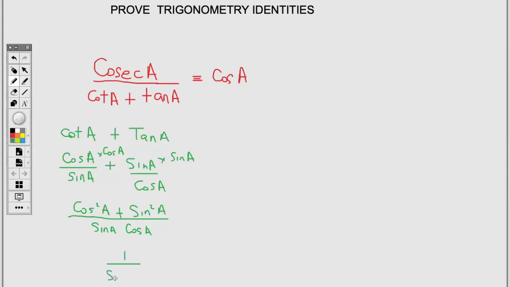So we're left with just 1 over sine A cos A.